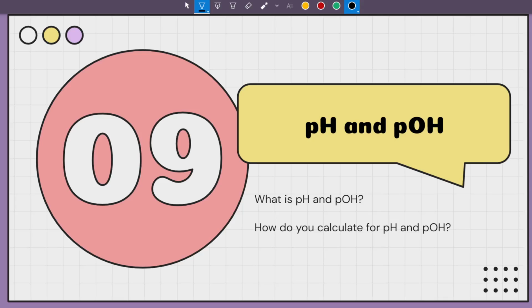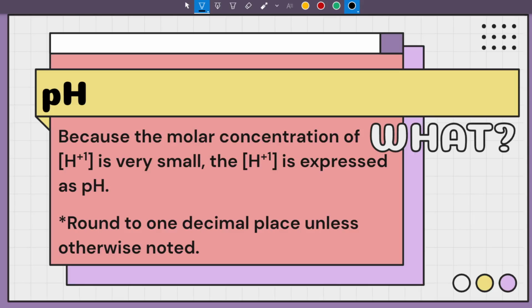So let's talk a little bit about pH and pOH. How do you calculate pH? When you have an acid of any sort, even a strong acid, it still produces a small overall hydrogen ion concentration.